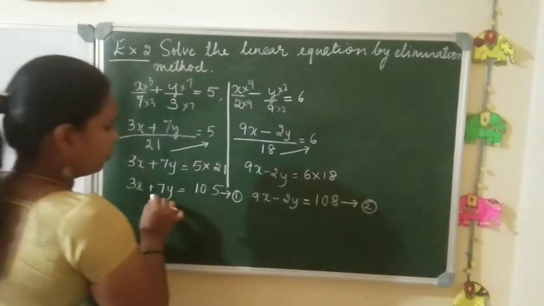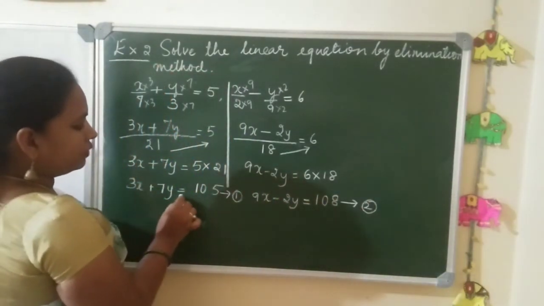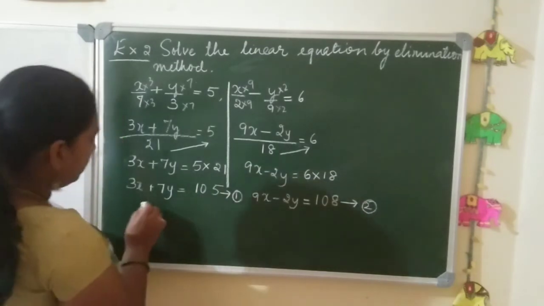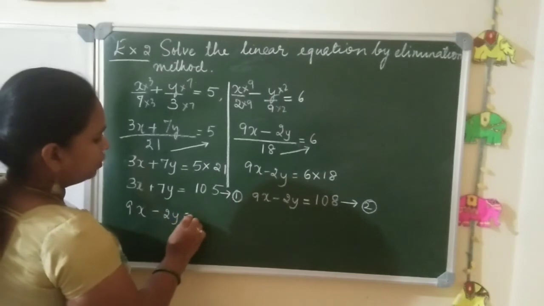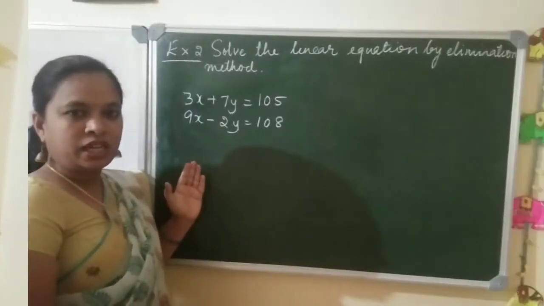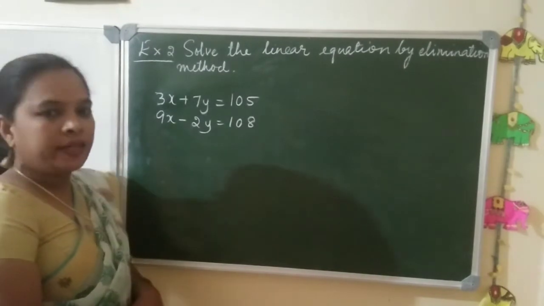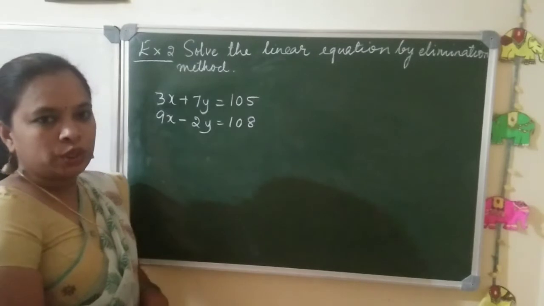So now we have got a pair of equations, that is 3x plus 7y is equal to 105 and 9x minus 2y is equal to 108. I have written down both the equations, and now you have to check which variable you want to cancel.